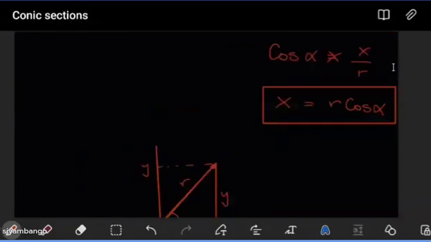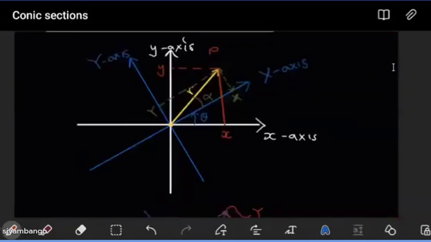You still have the line from the origin to the point P, still the same R, but now we are creating this triangle, where this line here is small x, the base, and the vertical one here is small y. The angle between R and the horizontal, can you guess what that angle is?